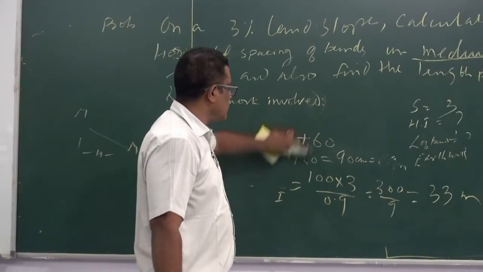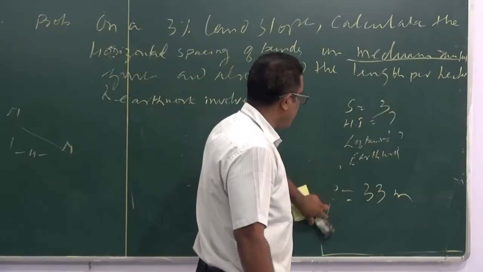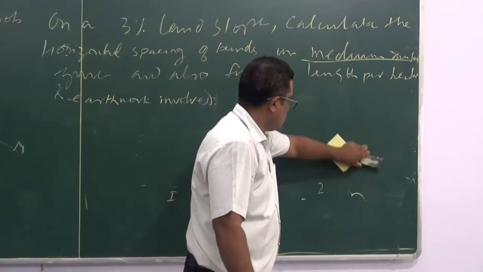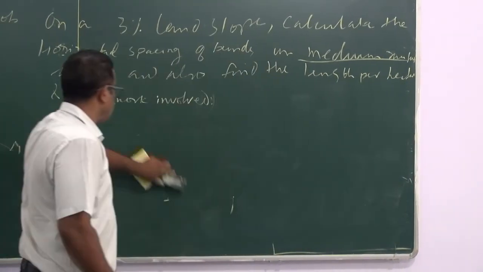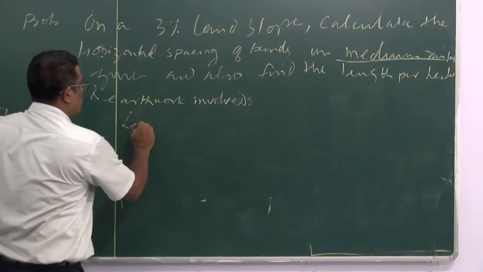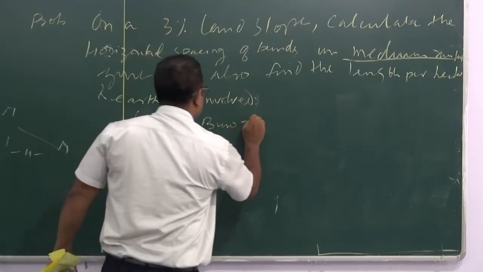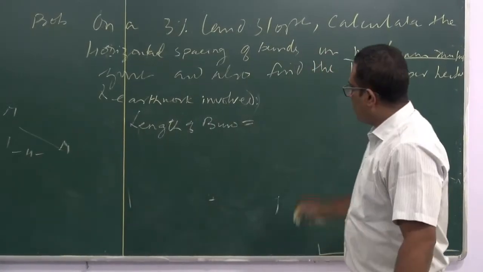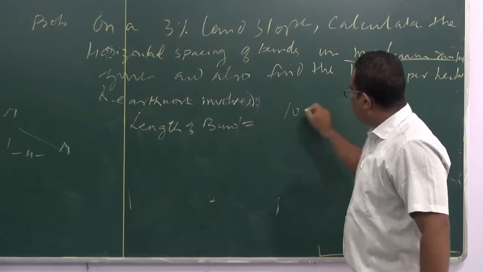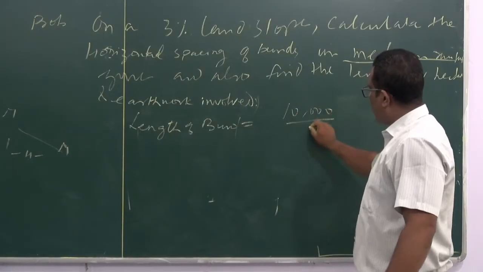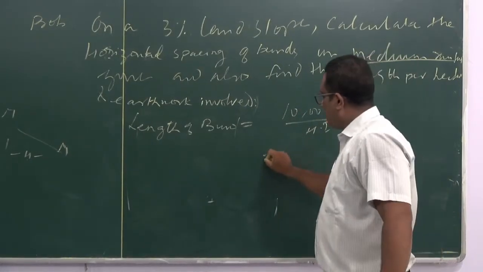Now once VI is known, once HI is known, horizontal spacing is known, we can find the length of the bund per hectare. So the length of the bund per hectare will be 10,000 by HI. What was the HI?